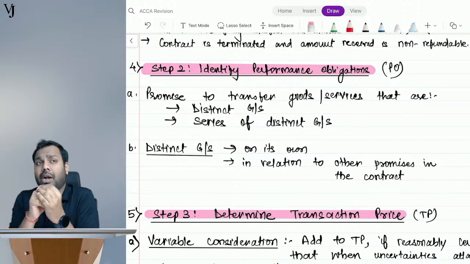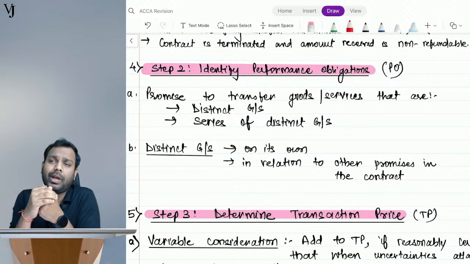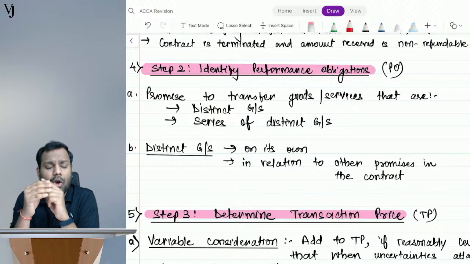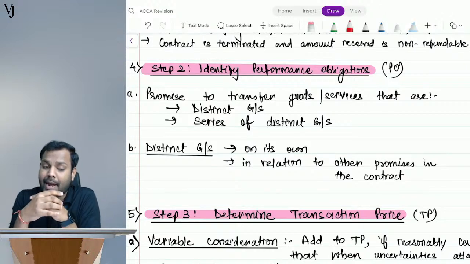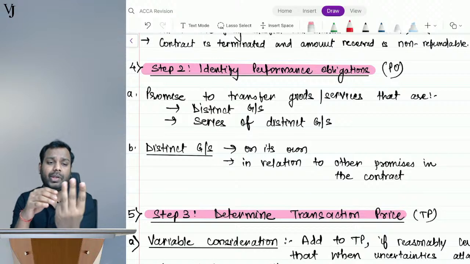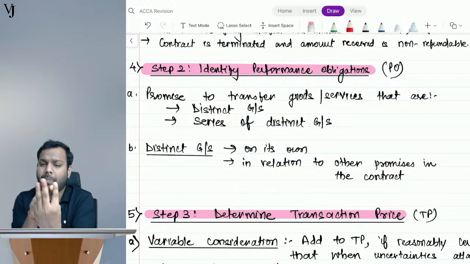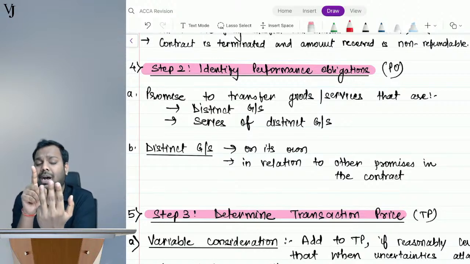Let's suppose Dell has entered into a contract to sell a laptop along with a standard warranty, also called an inbuilt warranty, and an additional warranty. Tell me how many promises? 3 promises: one is the laptop, one is the inbuilt warranty, and one is the additional warranty.